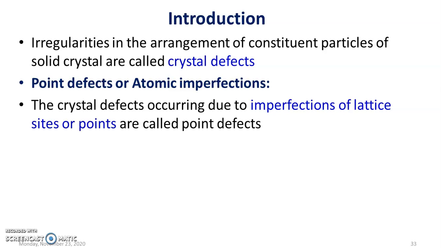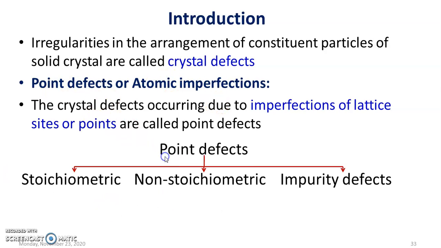You know that at the time of formation of a crystal there is a specific arrangement of constituent particles, and lattice points are the positions occupied by various atoms, ions or molecules in the crystal. Sometimes these lattice points in the crystal are missing, and because of this the crystal becomes defective. This causes the point defect.